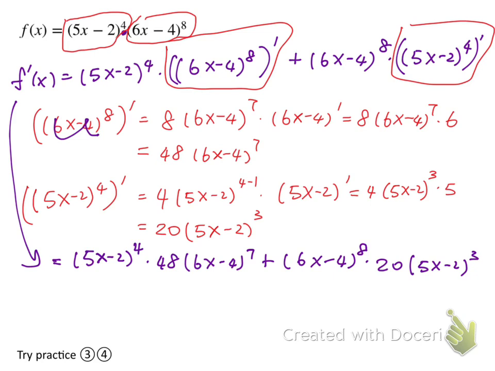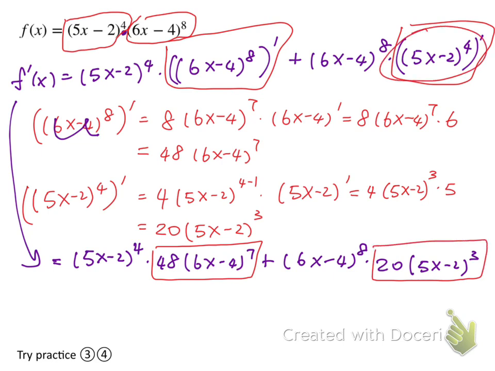Okay, so I'm pretty much plugging in what this derivative is, and I'm plugging in what this derivative is. I computed them down there, right? Then I just write them a little bit nicer.